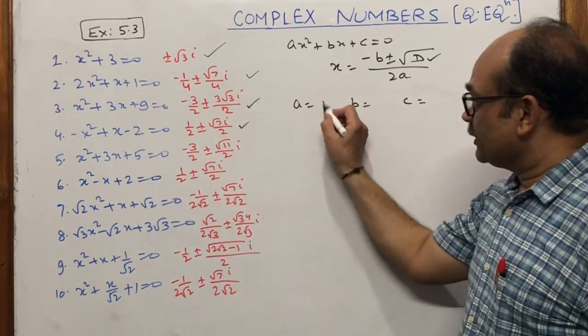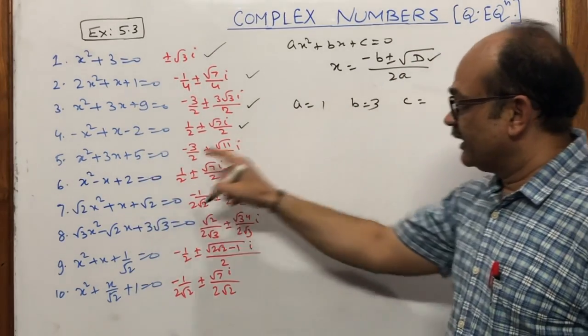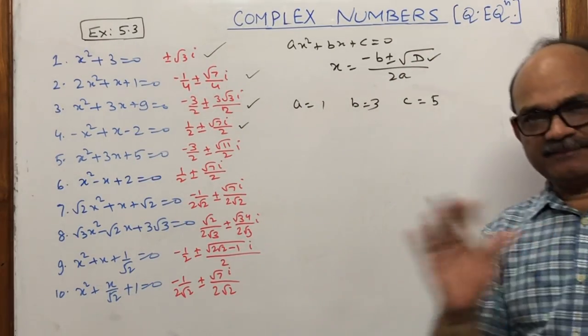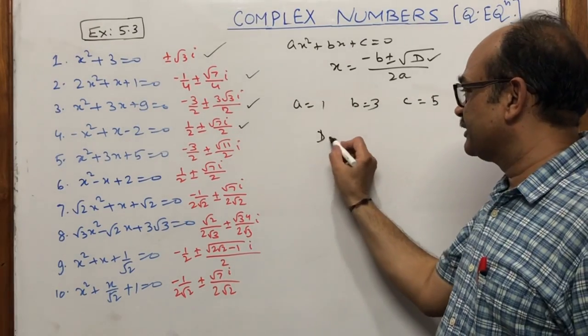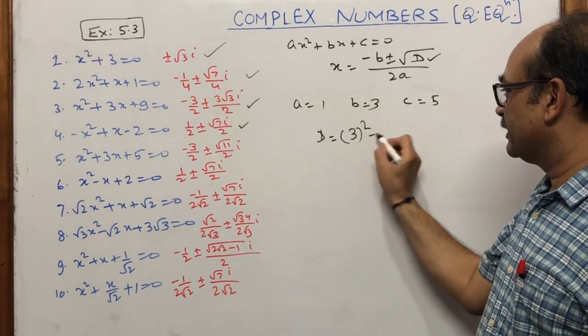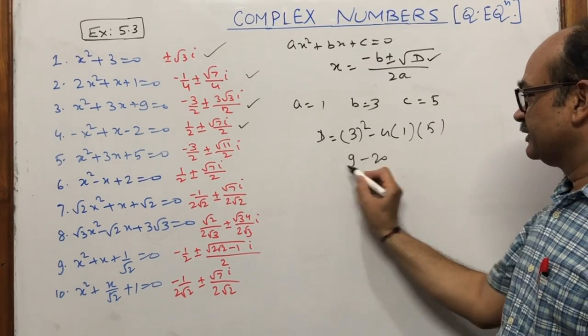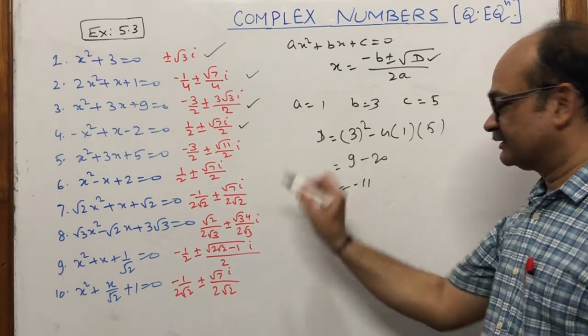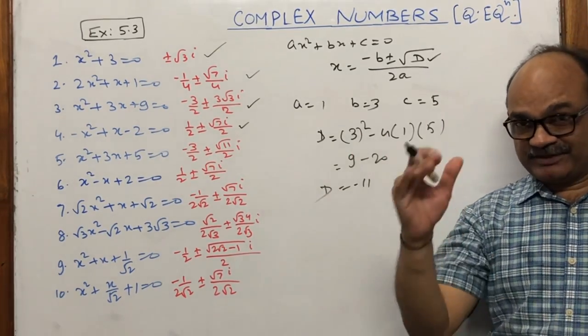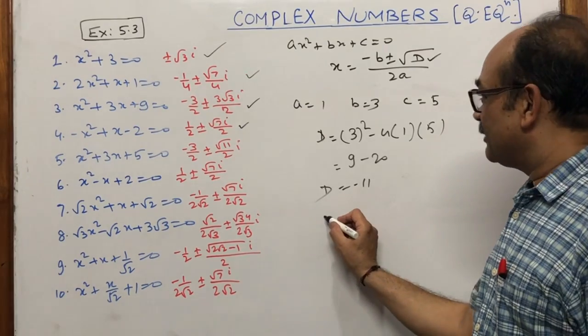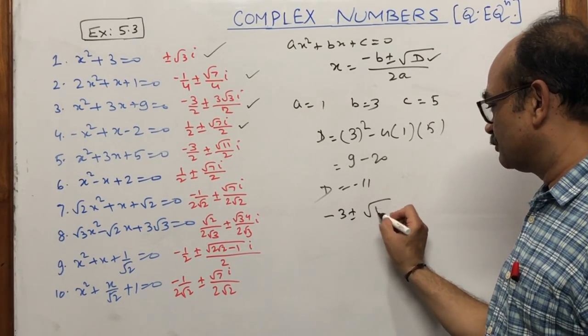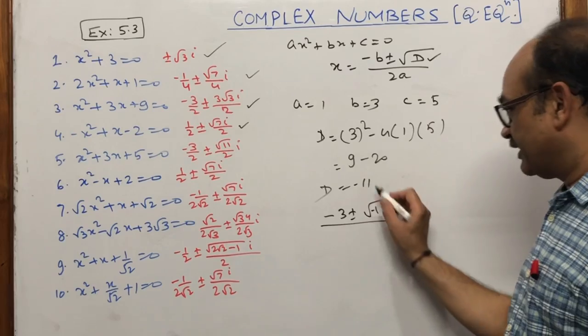A equals 1, B equals 3 and C equals 5. Same type of questions. So first we calculate D. B square minus 4AC, 9 minus 20, that is minus 11 is D. And when you know D, simply apply the values. Minus B plus minus root 11 divided by 2A.